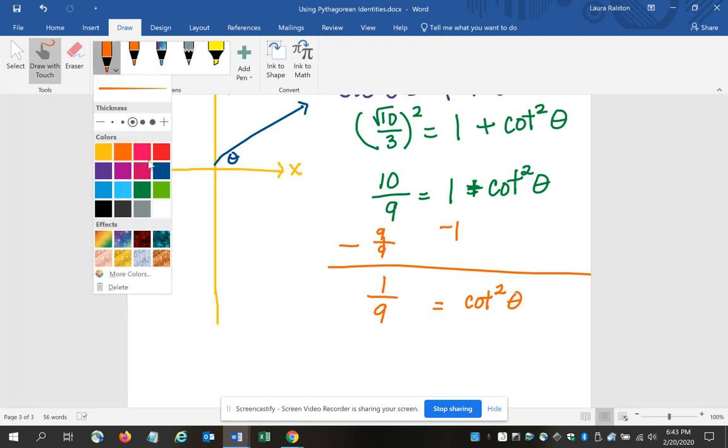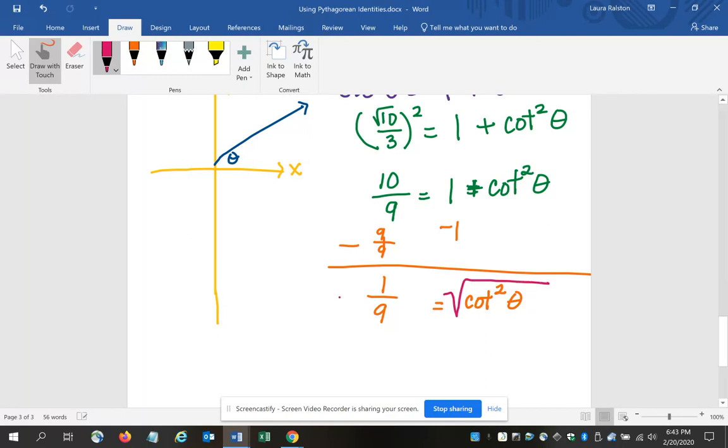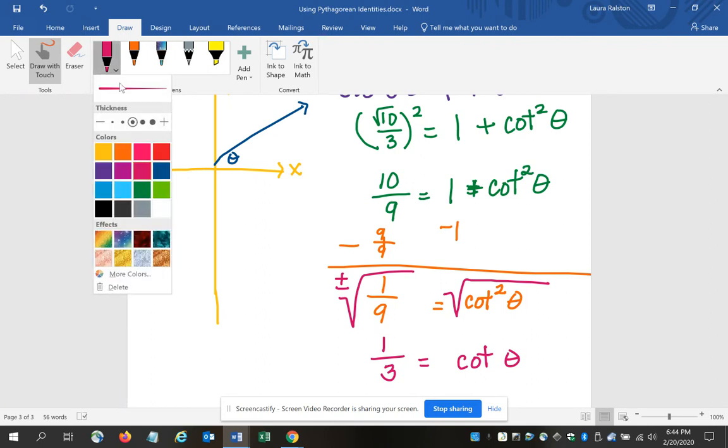I don't want cotangent squared, I want just plain old cotangent. So again, I'm going to take the square root of both sides, remembering it could be positive or negative. Square root of 1 is 1, square root of 9 is 3. That's going to equal the cotangent of theta. I'm in quadrant 1, the cotangent would be positive in quadrant 1, so I want positive 1/3 equals the cotangent. But I'm not looking for the cotangent, I'm looking for the tangent.